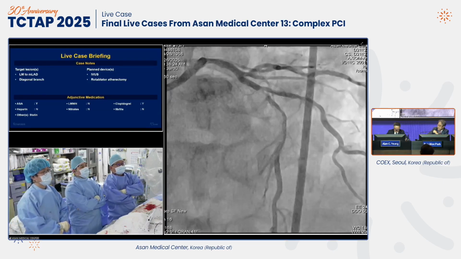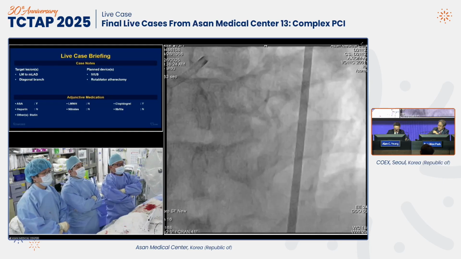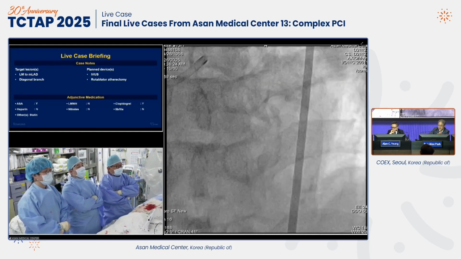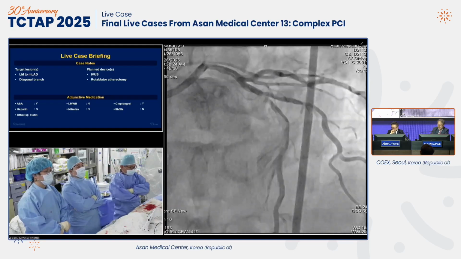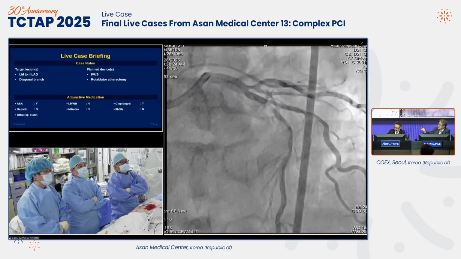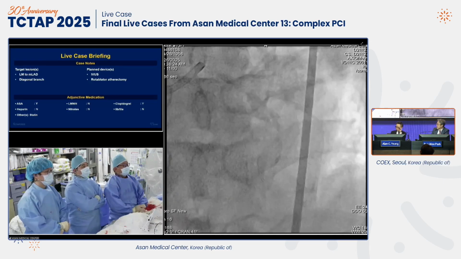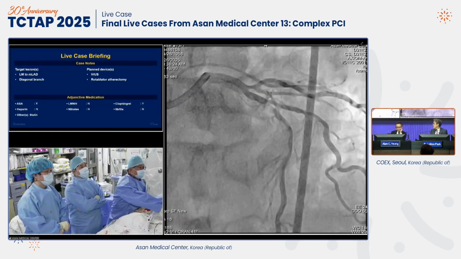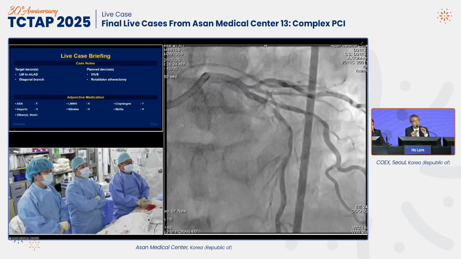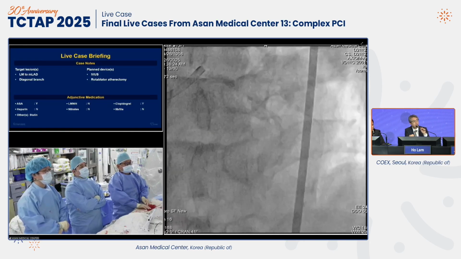So in Hong Kong, Taiwan, diverse calcium modifying tools are available, like orbital atherectomy and lithotripsy, IVL, shockwave, and rotablation. And which one do you use for such a patient? I think for this one, definitely I will try rotablation first because it's very eccentric and likely the crossing will be very challenging.